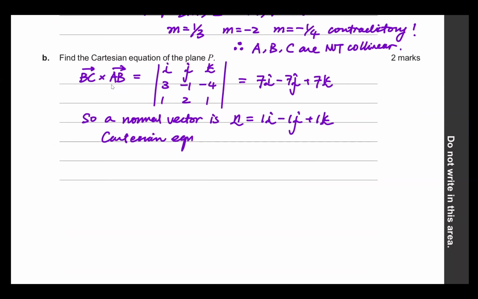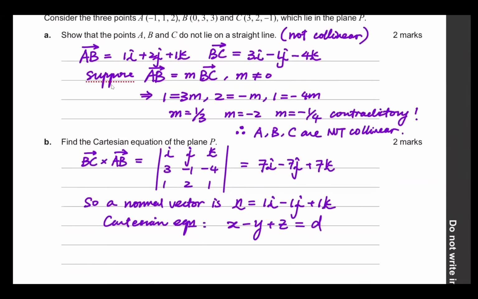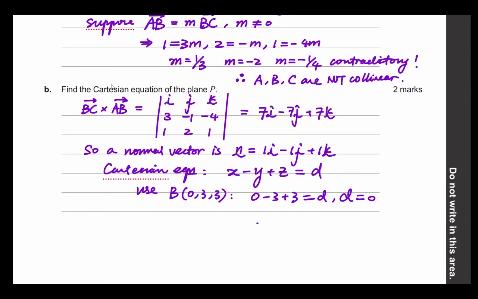A Cartesian equation is x minus y plus z equals some constant d. And you choose a point, let's say the easiest point. 0 take 3 plus 3 equals d. d is 0. So x minus y plus z equals 0. Okay?